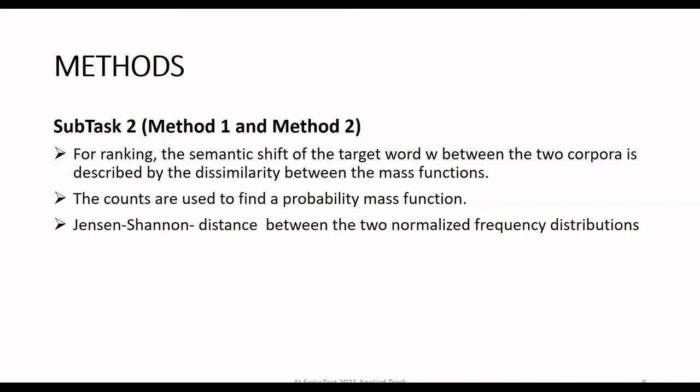The frequency distribution means we take the counts of the elements in the cluster for each corpus, C1 and C2. We normalize it, compute the Jensen-Shannon distance, and then rank the target words based on the distance value. So this is how subtask 2 was carried out.